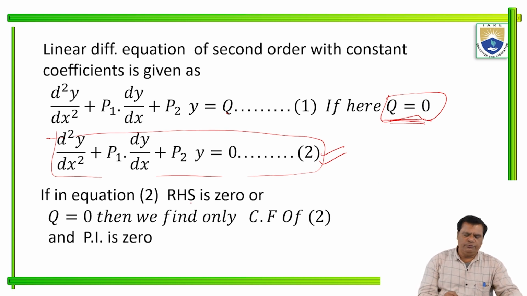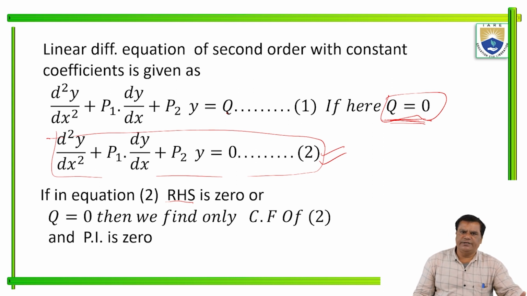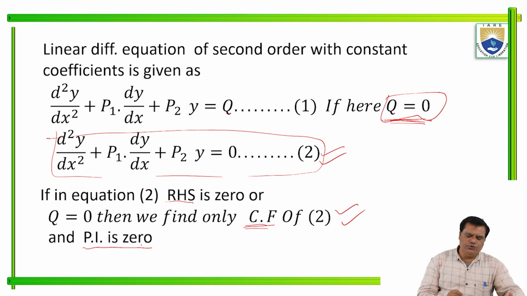If in equation 2 the right hand side is 0, that is Q is 0, we are checking the linear differential equation with constant coefficients of second order. If the right hand side is 0, meaning Q is 0, then we find only the complementary function of equation 2. We find only the complementary function, and here PI is 0, so we cannot find PI of a linear differential equation.